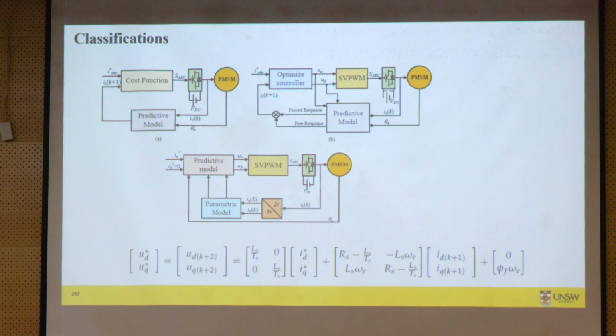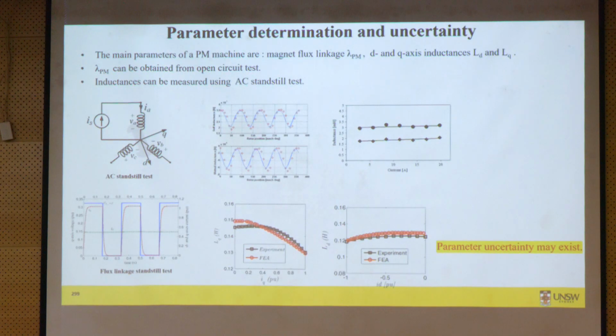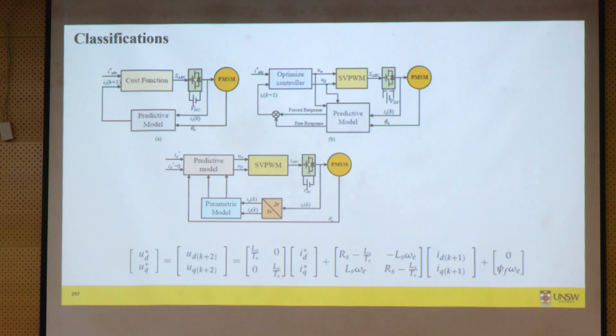Let me go back and see here. So this UD and UQ can be calculated from the dynamic model of the motor again. This is your familiar equation, but in the discretized form, and you use these voltages back in your predictive control, the estimation of current control.